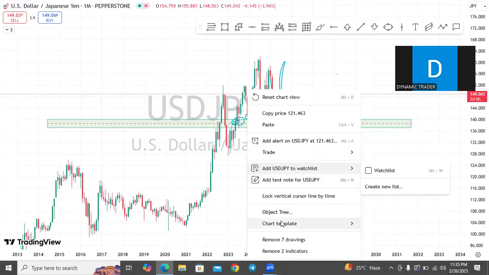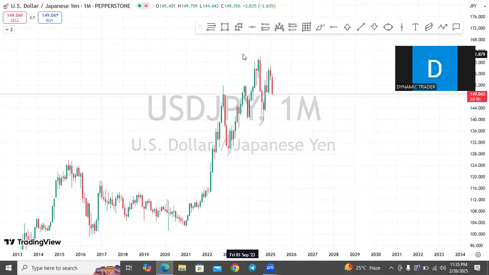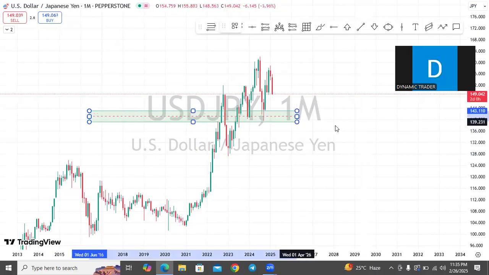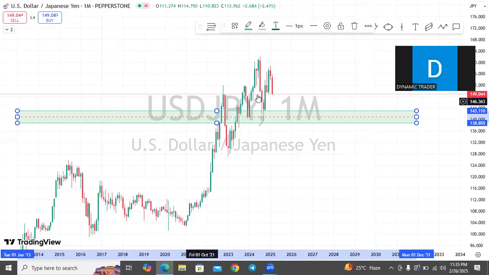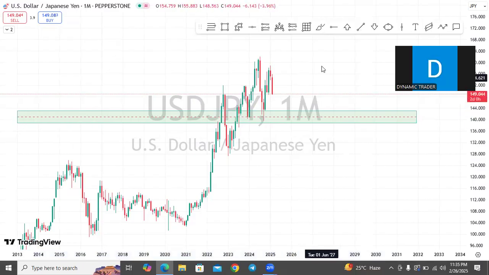If it's not clear, let me repeat myself. It's very simple. For you to say that the market is bearish, it has to break, on the monthly time frame, USD JPY has to break below this structural low. If it doesn't break below this low, then we are still up. Why?